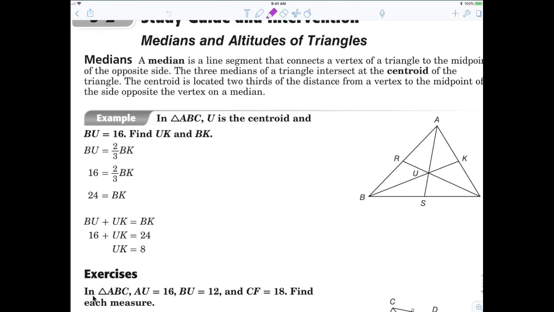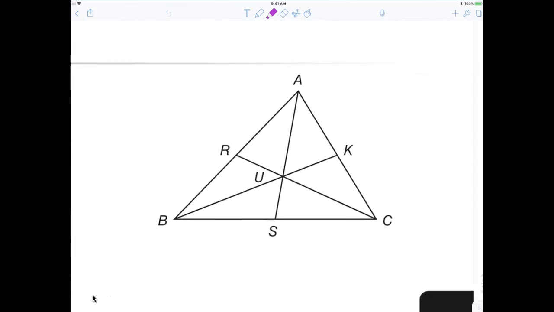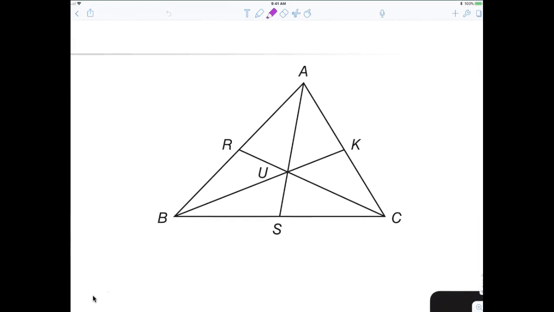Now, if you'll notice here, this is a median because RA is congruent to RB. Then BS is congruent to SC, and AK is congruent to KC. If you draw all three medians, they intersect at a single point.